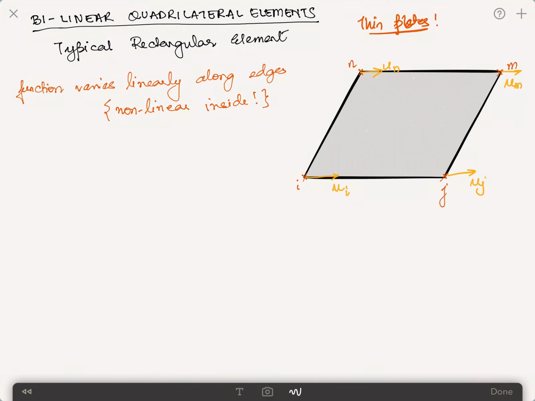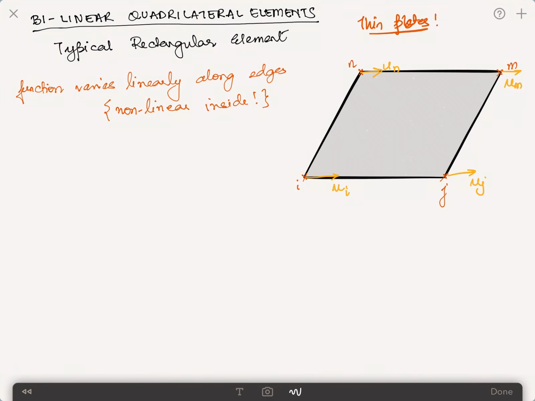So for simplicity, considering a two-dimensional plane, if I just draw the global coordinate axes, you have x and y. But just for simplicity, for derivations and keeping it simple and clean, I'm only going to do the shape function derivation for one unknown, which is u, and not the displacement in the y direction, which is v. So let's start with the derivation of u.